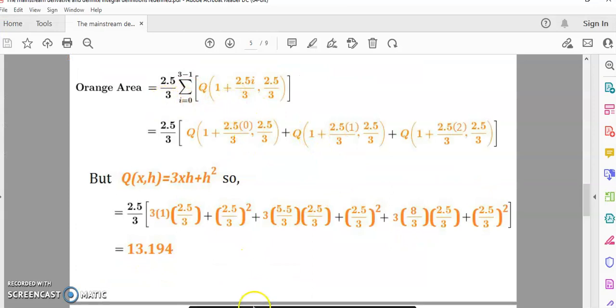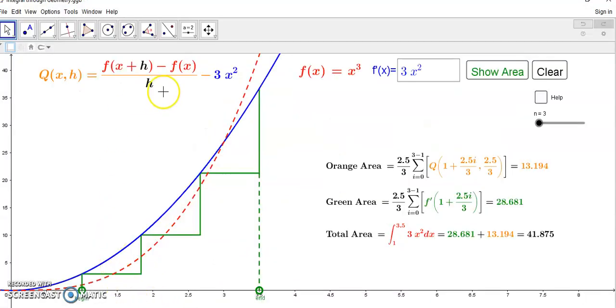And this is how the definition with the integral works, also using this very same identity. If we look at this particular applet, which I'll give you a link to as well, all we're doing is taking the sum of these, and in the case of 3x squared this is simply 3xh plus h squared. But remember, if it's difficult to find q of xh, that's no problem, because you can simply subtract the derivative from the secant line slope.